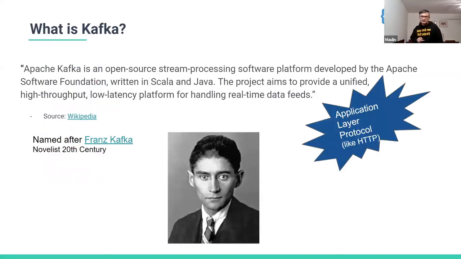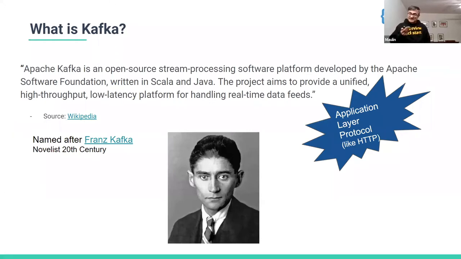So what is Kafka? Kafka is an open source streaming platform developed by the Apache Software Foundation. It originally started at LinkedIn before it became an open source project. It is basically a high throughput, low latency platform for handling real-time data feeds.